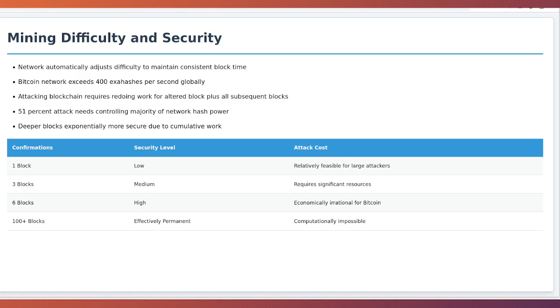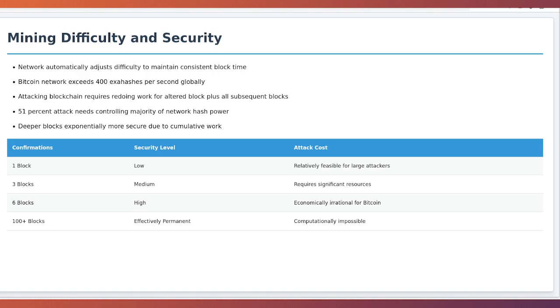The deeper a block is in the blockchain, the more secure it becomes because you need to redo more and more work. A transaction that's 6 blocks deep, which Bitcoin considers reasonably final, would require redoing the work of all 6 blocks, plus keeping pace with the new blocks being added. The computational cost and electricity required to make such an attack economically viable make it basically irrational for Bitcoin.